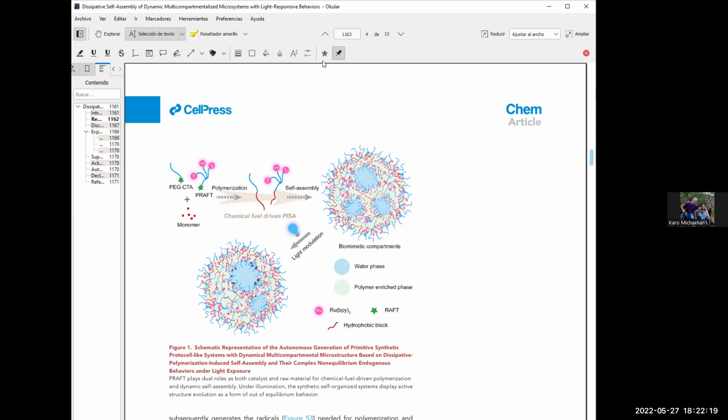The relation of the wavelength of the light with the size of the cavity depends on wavelength, of course, and on refractive index.